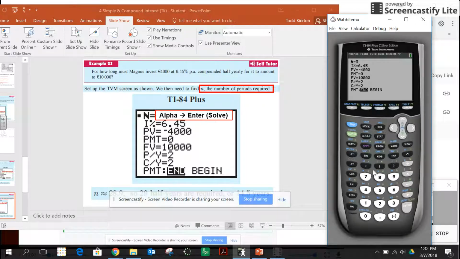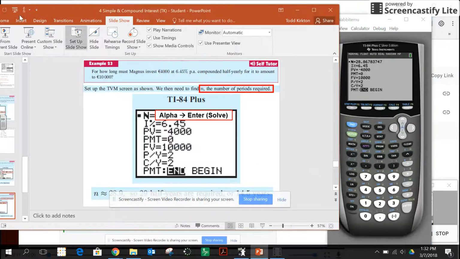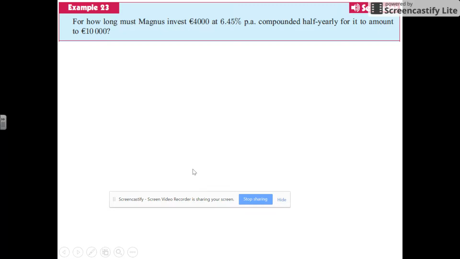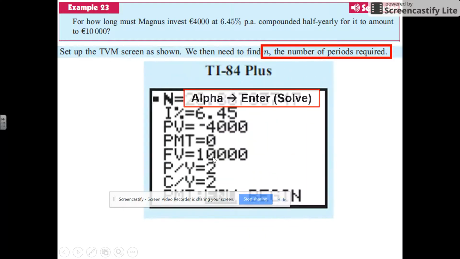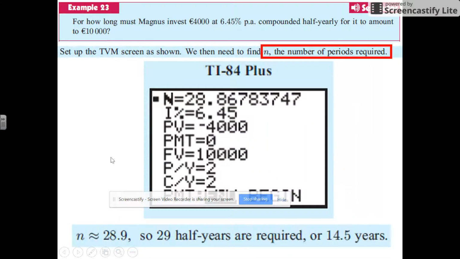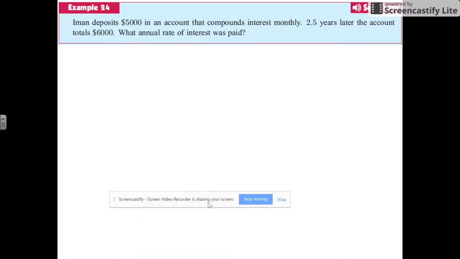So I'm going to do alpha solve. Now notice it says 28.87, 29.5 years. So since K was 2, to get your final answer, it's 14.5 years. So you have to understand what K stands for to do this.